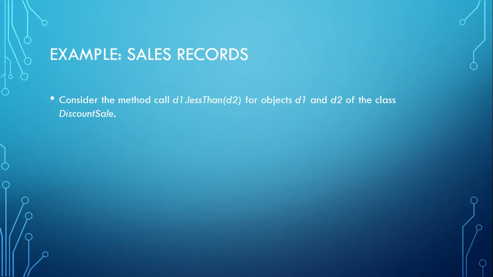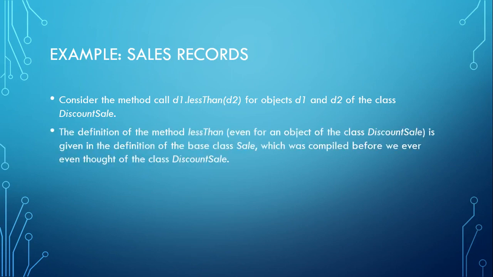Now let's consider the method call d1.less(d2) for objects d1, d2 of the class discount sale. So this is just a nice little example for us to look at. Obviously the method less than, even for an object of the class discount sale, is given the definition of the base class sale, which we compiled before we ever even thought of the class discount sale, because that's how Java works. It's going to compile sale before discount sale, because discount sale, again, is a derived class.